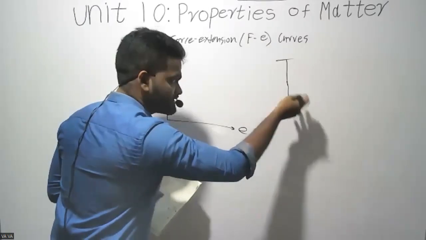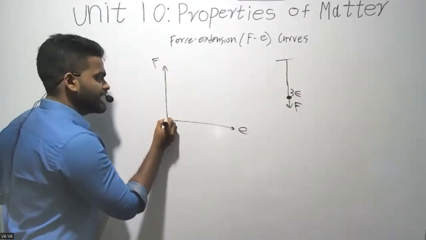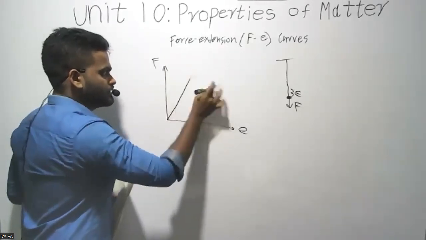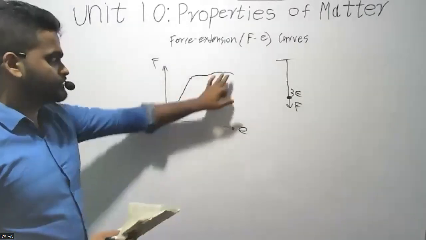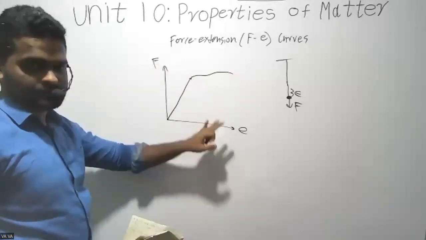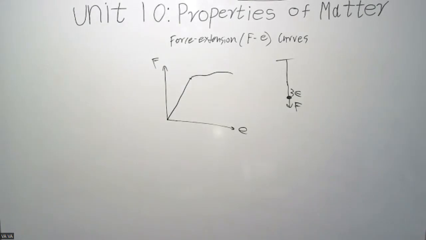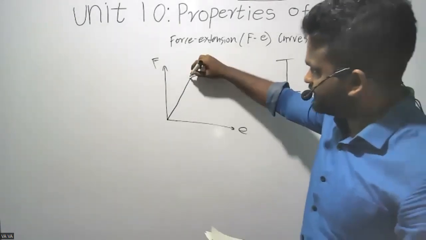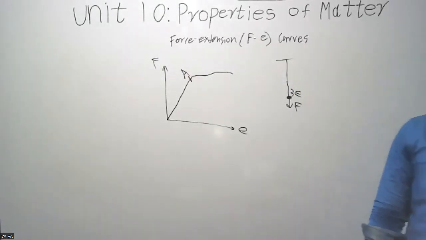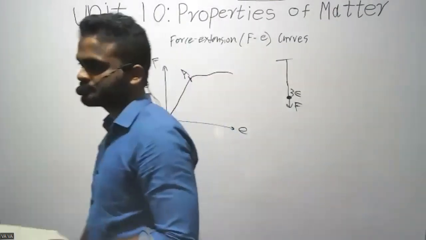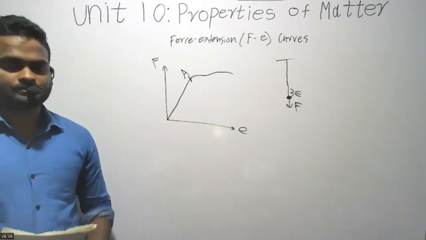So when we increase this force, this wire gets extended. Initially it has a proportional extension. Once the proportional limit is passed, it follows a graph like this. Okay. Draw this graph. And this is point A. Quickly draw the graph.